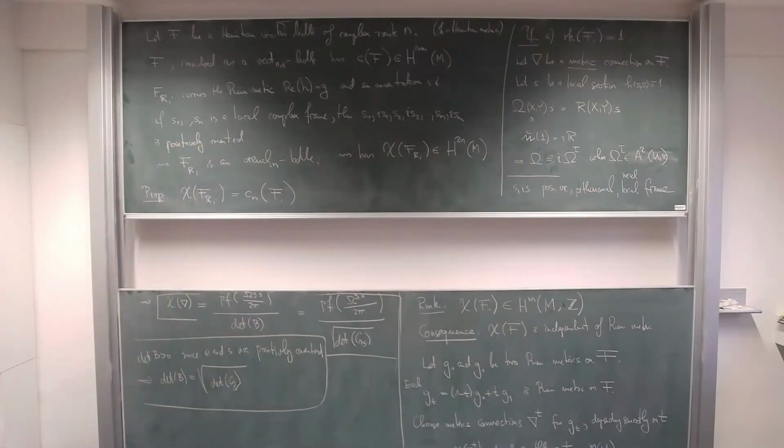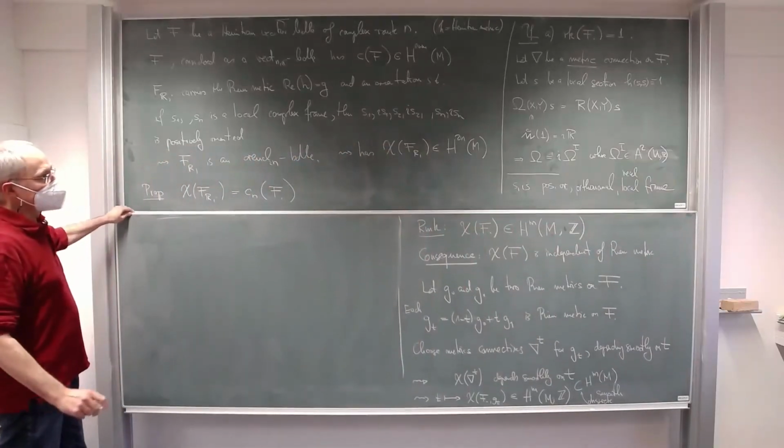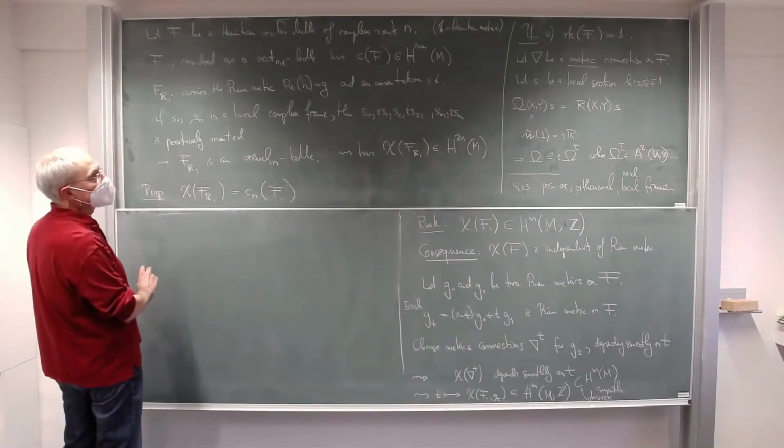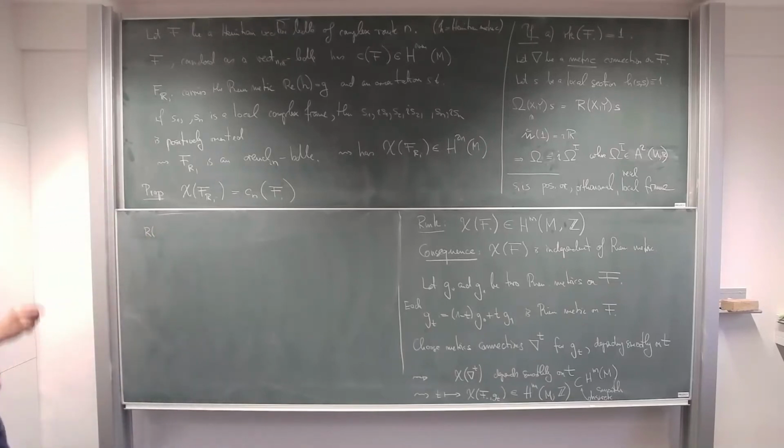Okay. And now we have to compute the curvature matrix of nabla with respect to this frame, because this is what we have to insert in the Pfaffian to get the Euler form. Okay, so what is it? Well, the connection is the same for both. It's nabla, and the curvature tensor therefore is also the same.